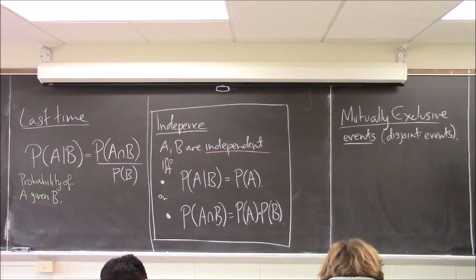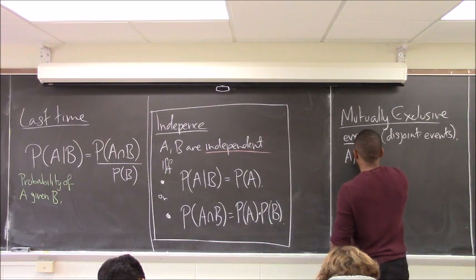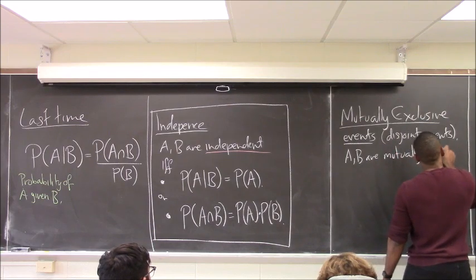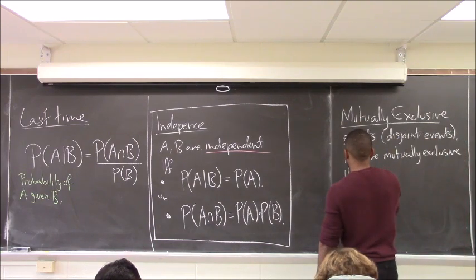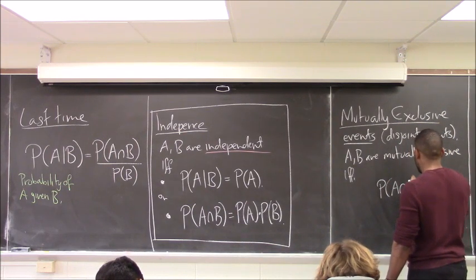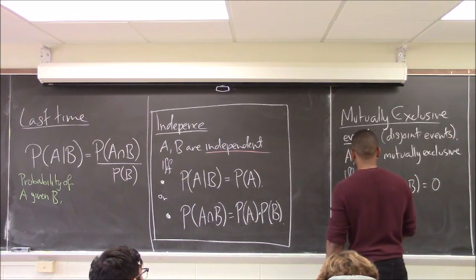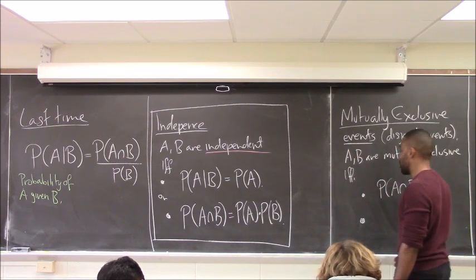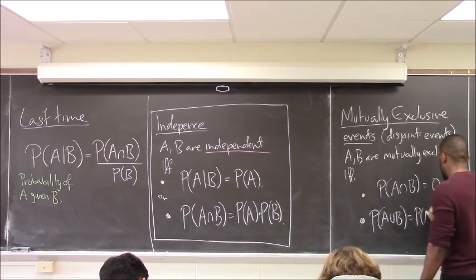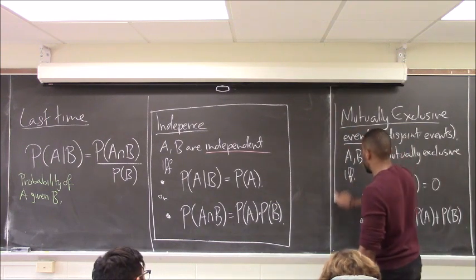That means the intersection of A and B is 0. A and B are mutually exclusive if and only if they cannot occur at the same time. This is the probability of A and B equals 0. That's one way that we can talk about mutual exclusivity. We can also talk about it in terms of the OR probability. The probability of A or B is equal to the probability of A plus the probability of B. That is what mutually exclusive means.